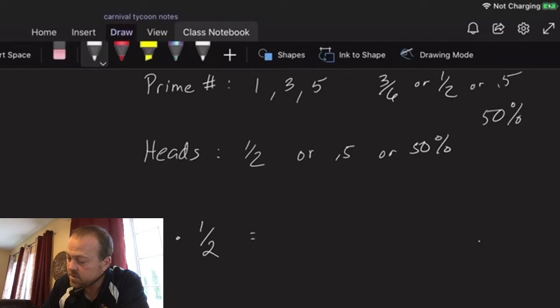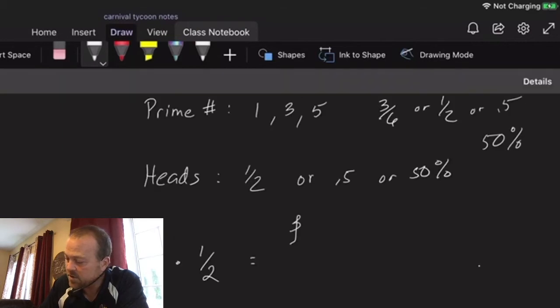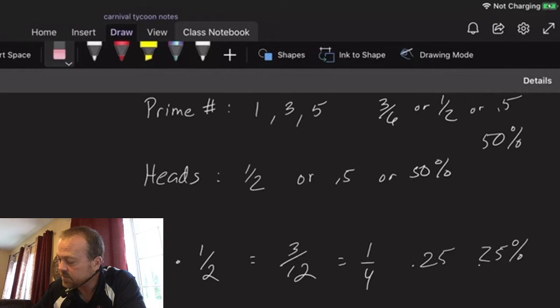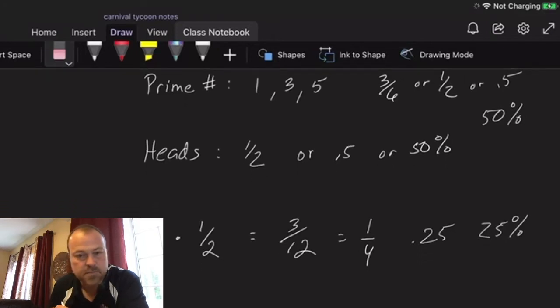That will give us, get a little bit crazy here, 3 out of 12, which is the same as 1 out of 4, which is 0.25 or 25% chance of getting that. All right, that makes a lot of sense. All right, so it's 25% chance by multiplying those 2 numbers together.